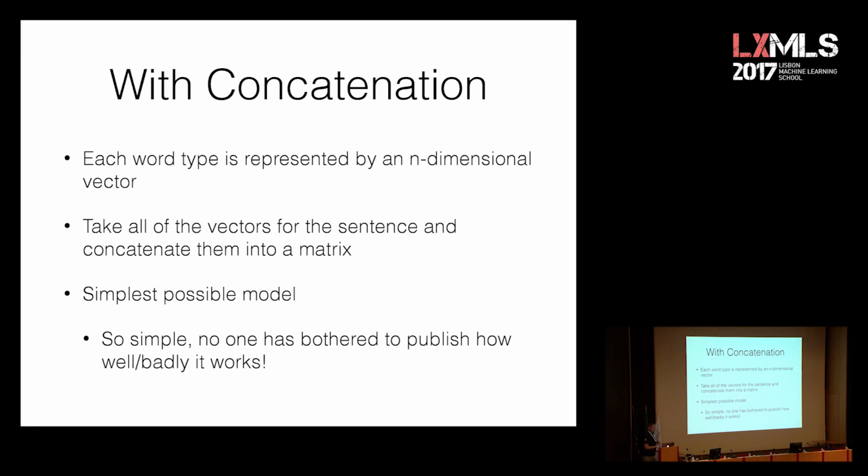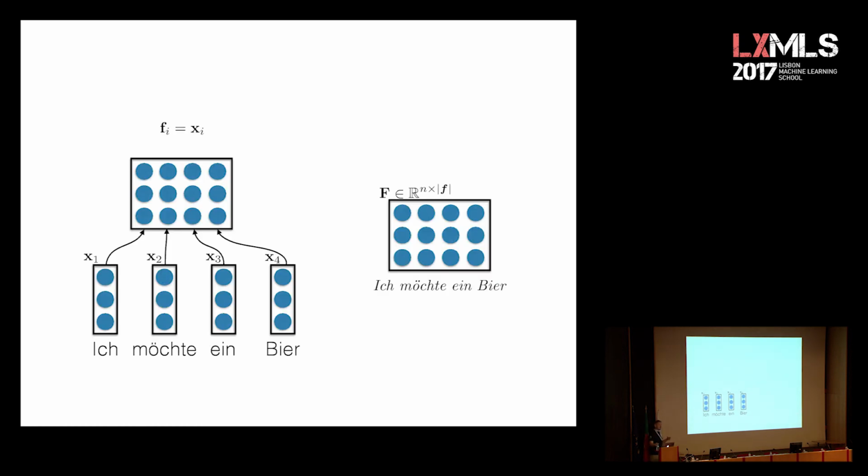The first thing to do is about the simplest possible thing, and it's to represent each word type by a simple n-dimensional vector. We take all of the vectors for the sentence and just concatenate them together into a matrix. This is so simple that nobody's really bothered to look in detail at how well or badly it works. A lot of people have tried it, and it doesn't work terribly well in practice, but it's still an obvious conceptual baseline that it would be nice to have standard numbers on.